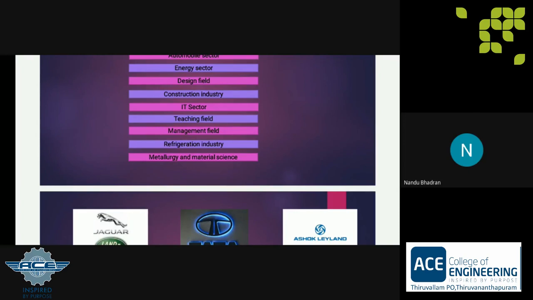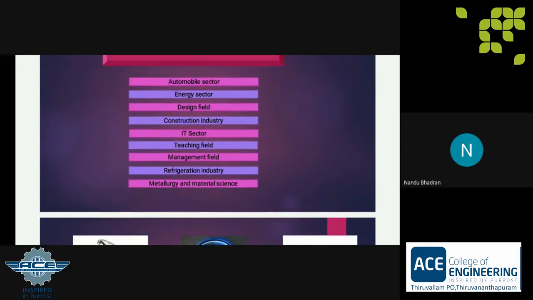Also, mechanical engineers are employed in the management field for their knowledge in management subjects. This has been seen in employers like Flipkart, where mechanical engineers have been employed as business executives and so on.